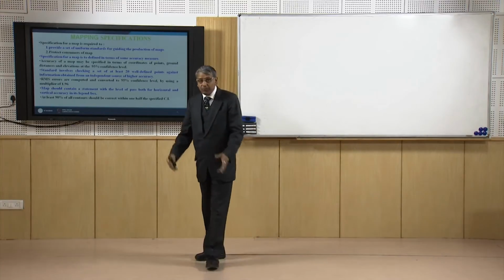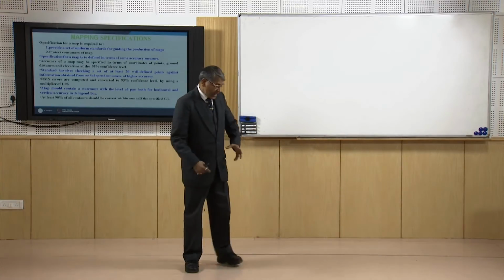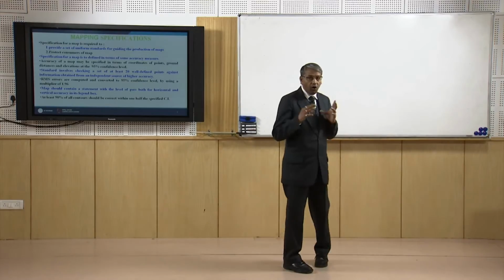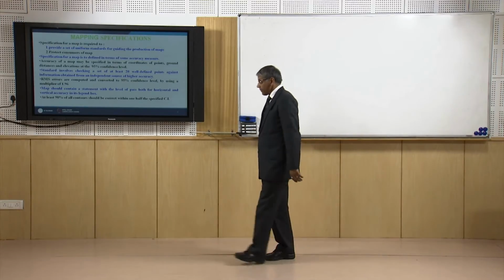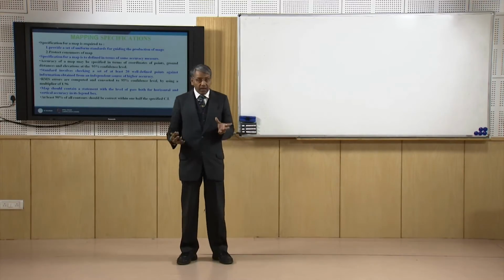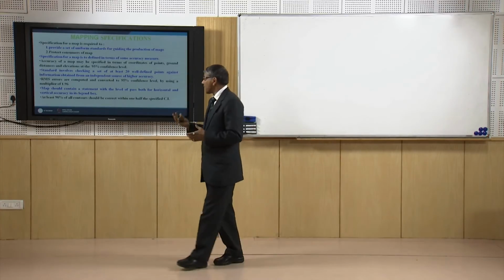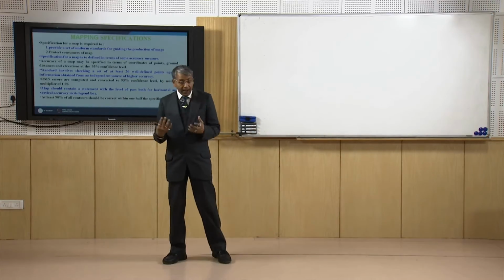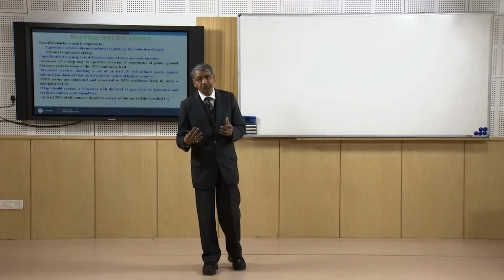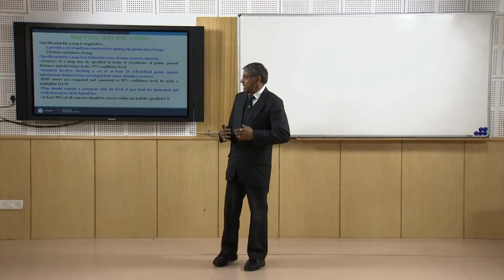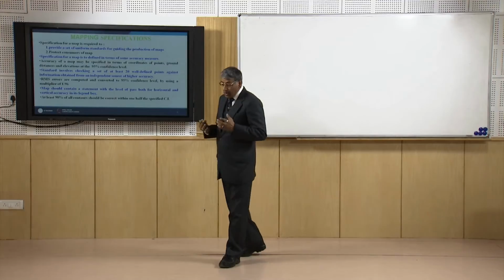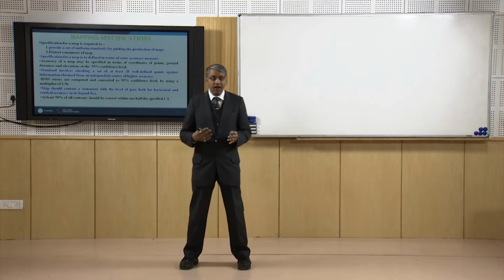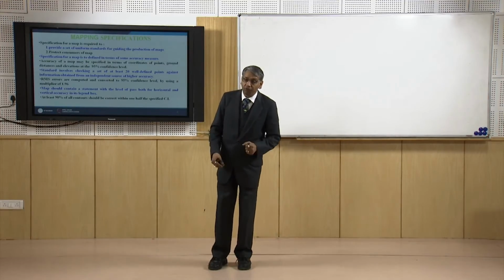Now why do we need specification for a map? As we need specifications for all engineering products, a map is also an engineering product, a product of engineering surveying. So a map should also have some specification, because only through specification will we be able to maintain the standard we are looking for.